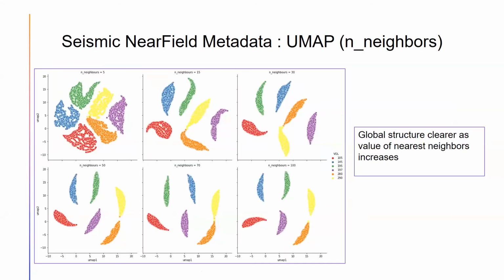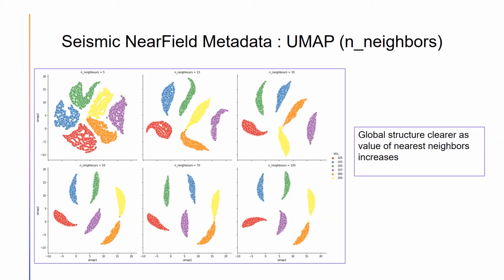With UMAP, the number of nearest neighbors, which controls the global structure, for varying values, especially a nearest neighbors value of 100, shows that this data is quite easily separable. If you needed any indication that there was hidden separability in your data, pretty much any value over 50 already demonstrates that.